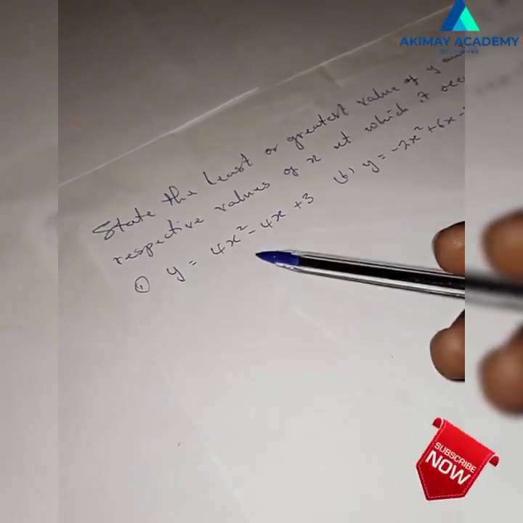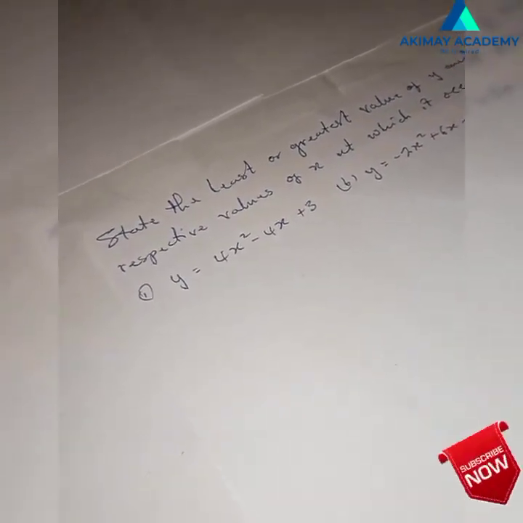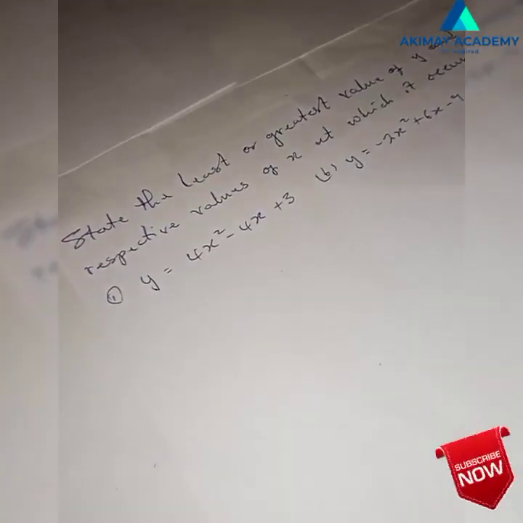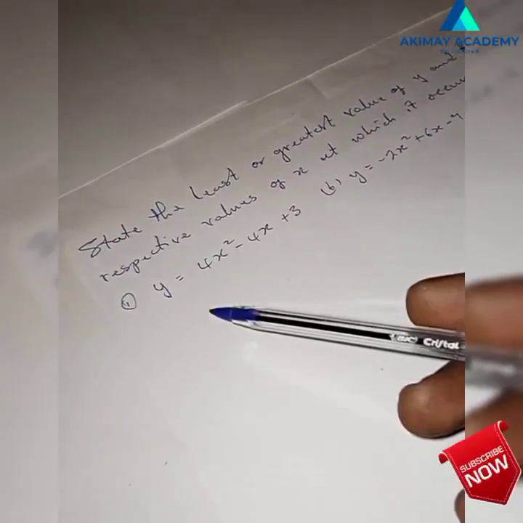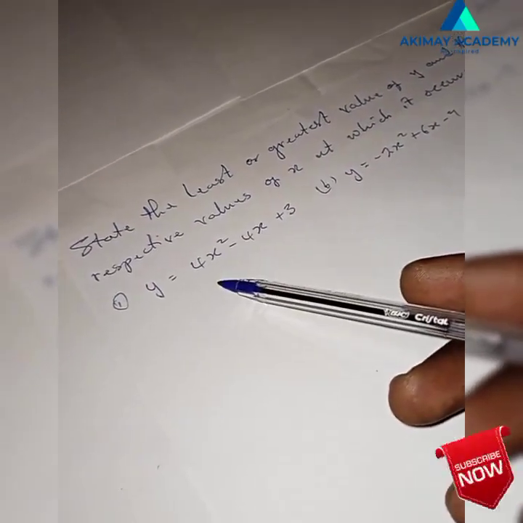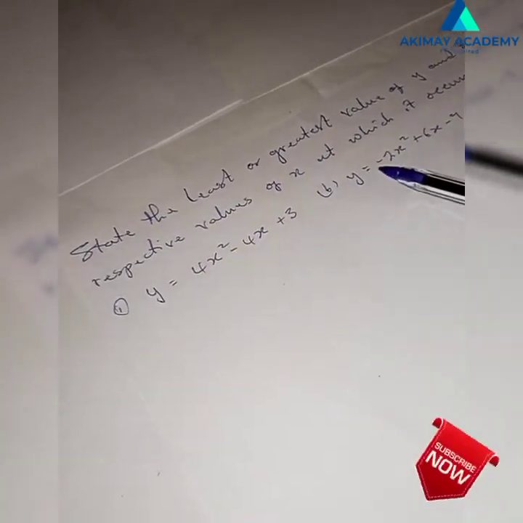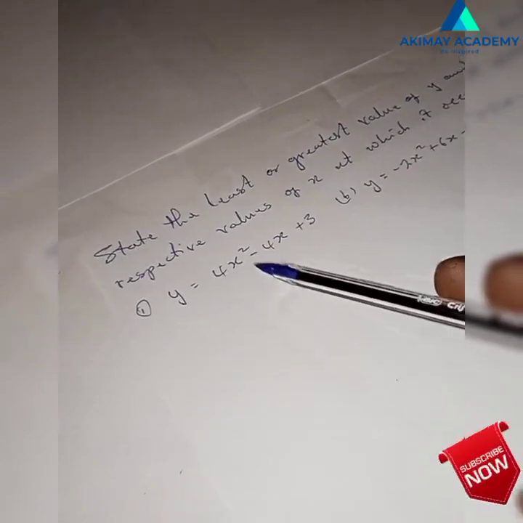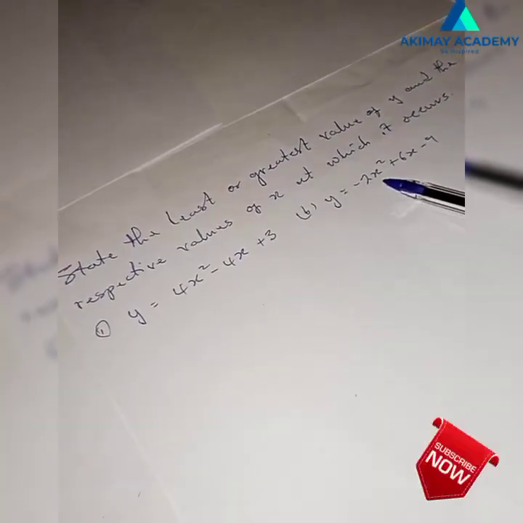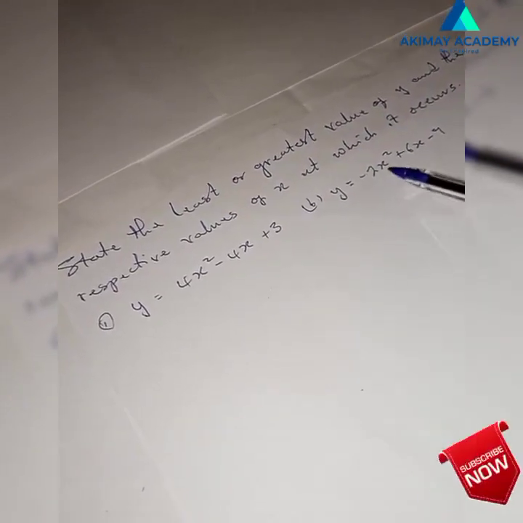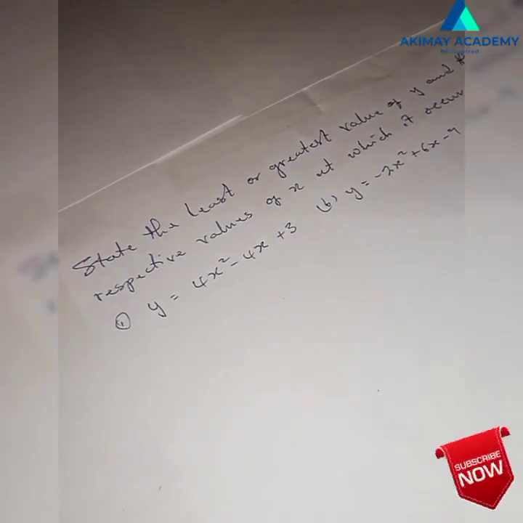And if the coefficient of x squared is negative, then when you draw such a graph, you are going to have a maximum value. So from these two equations, equation 1 and equation 2, you can see that this graph is going to have a minimum value, and this graph is going to have a maximum value because the coefficient of x squared here is negative.